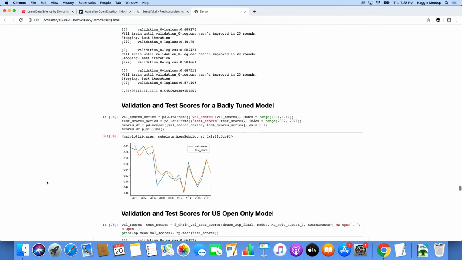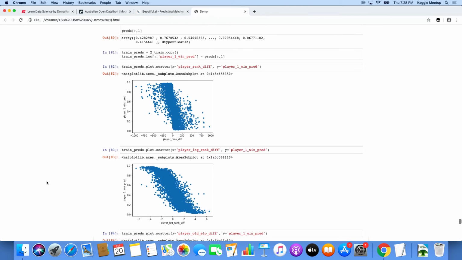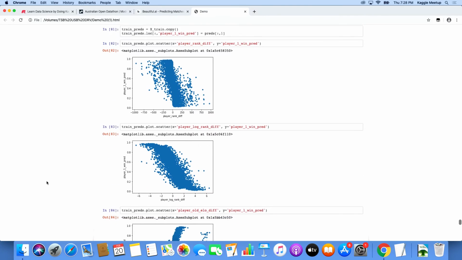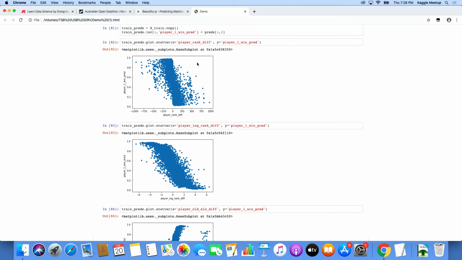And here's another visualization that illustrates that. I'm not sure if this is the right way to do things, but these are the predicted probabilities on the y-axis. This one's just for the rank difference, and this one is for the logarithmic transformation of the rank difference, right?